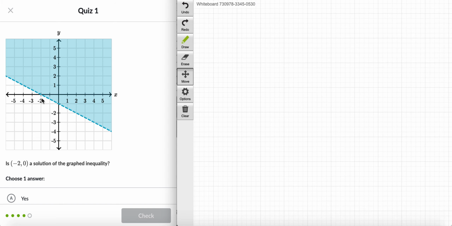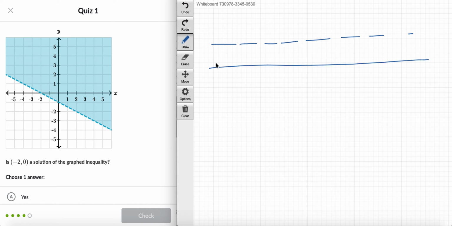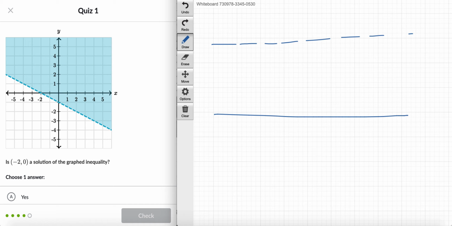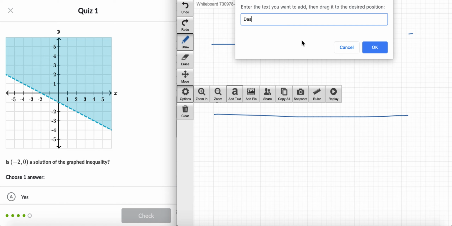Is -2, 0 a solution? Remember, I've been talking to you about this dashed line. What does that mean?